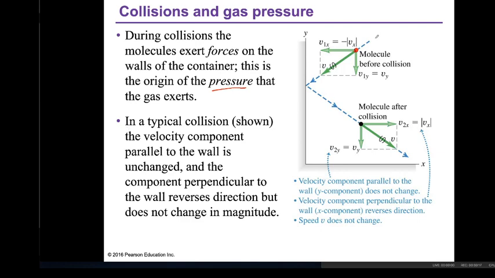In a typical collision, which is shown here, the velocity component parallel to the wall is unchanged. You see, when it hits the wall, the velocity is in this way and then changes to that way. This is the initial velocity, this is the final velocity. If you decompose the initial velocity into x direction and y direction, and do the same thing for the final velocity, you'll figure out the Vy doesn't change.